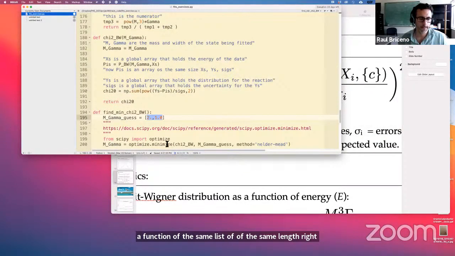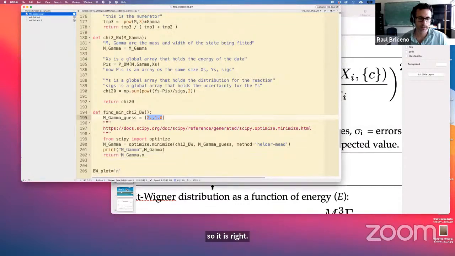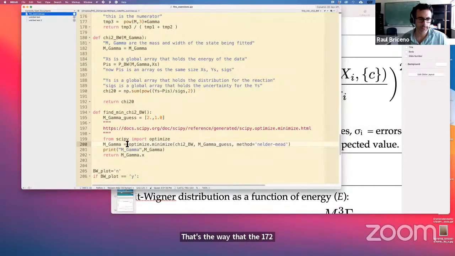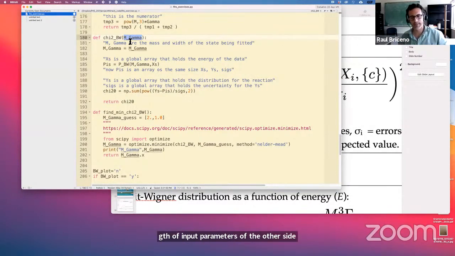That's the one subtlety that I didn't mention: minimize will minimize the chi-squared function, assuming that you give it guess parameters that are the same length as the list that is the input for the function you're trying to minimize. All right, does that help answer the question?